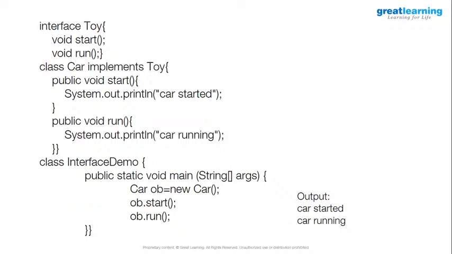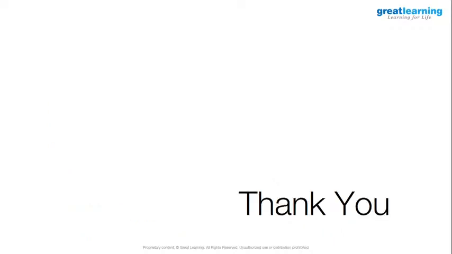What are they? Abstraction, encapsulation, polymorphism, and inheritance. We have covered everything in this session, and this should get you started and get your hands dirty and start coding in Java. All the things are done.